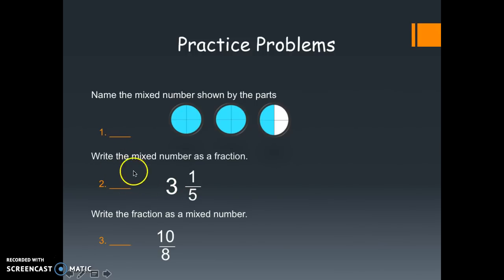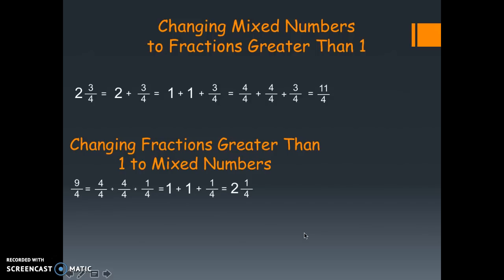So this is going to be an improper fraction. And then down here, you have a fraction, and you're going to turn it into a mixed number. Now, you might need to go back, or maybe you've learned a method in 4th grade that you remember. Whatever you need to do, feel free. And remember that I'll be helping you in small group as well. You may stop your video.